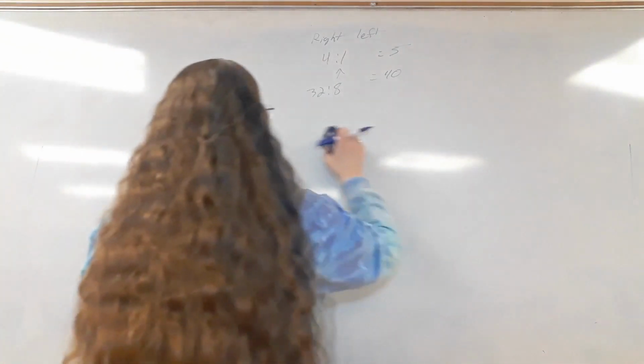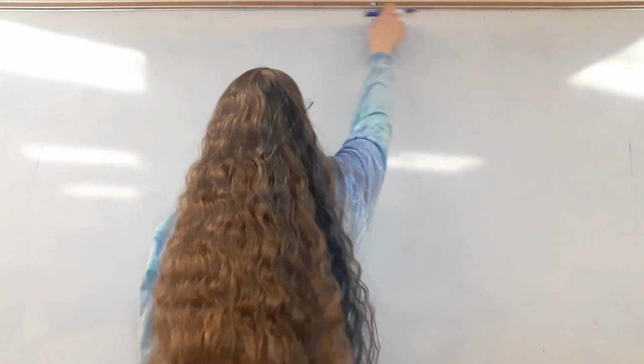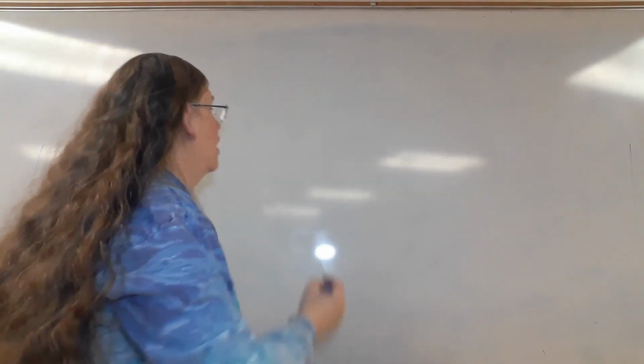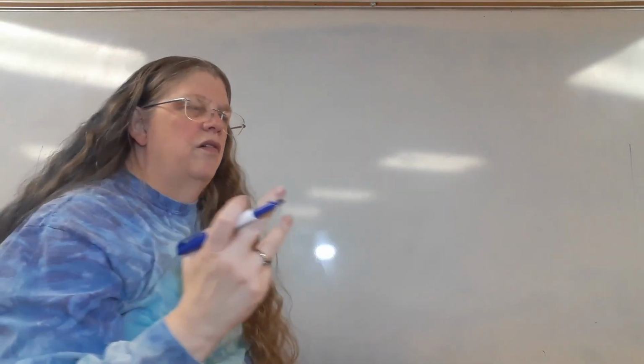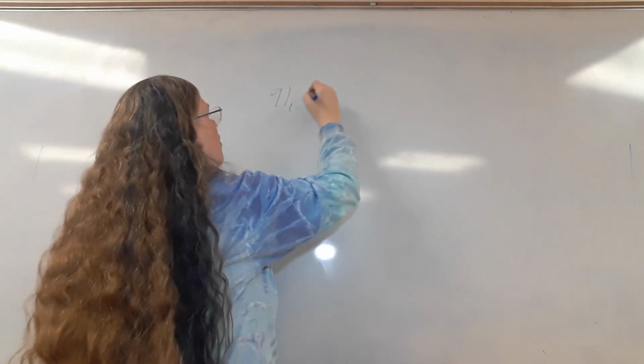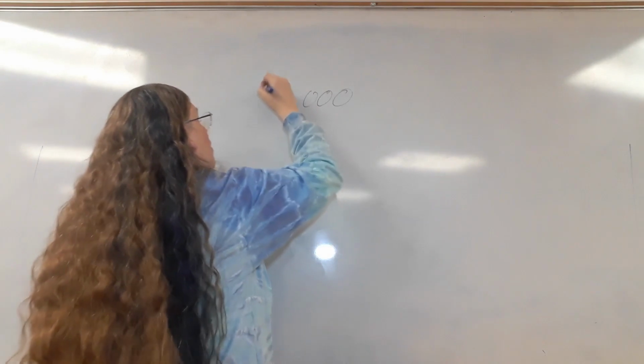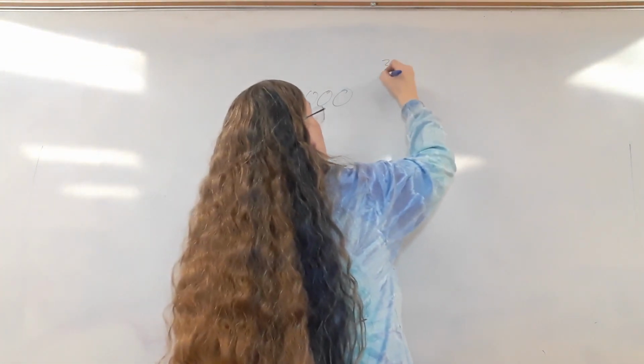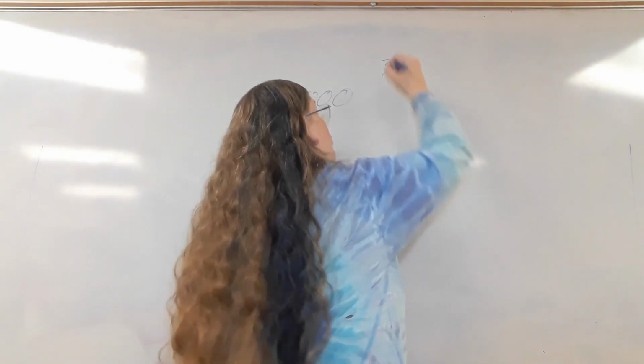Let's look at another example. A guy gives his kids $91,000. It's split 3 to 4, kid 1 and kid 2.